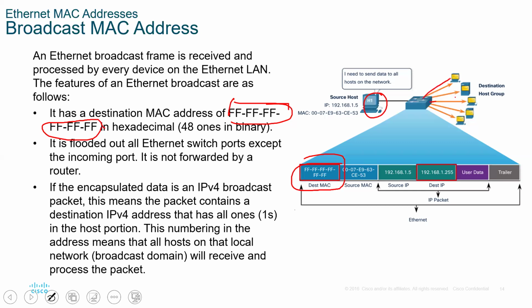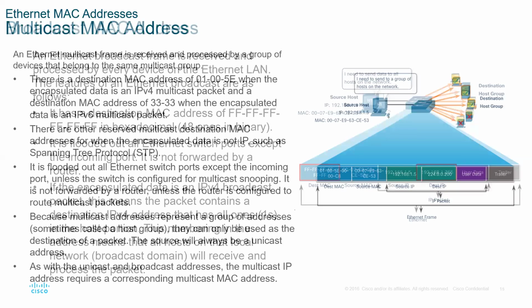As you can see, it is going out all these channels here, but except here. Okay, that is how broadcast works. So if the encapsulated data is an IP version 4 broadcast packet, it means that the packet contains a destination IP version 4 address that has all ones in it. And that is just it. So the concept of unicast, the concept of broadcast.